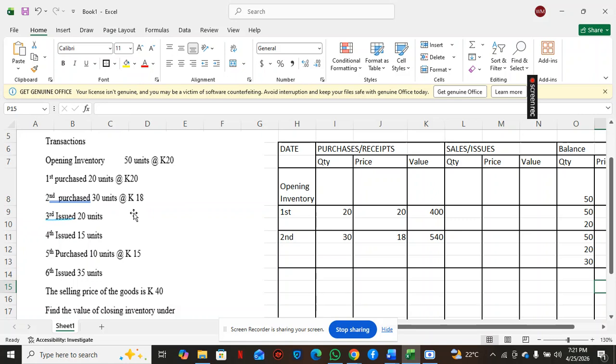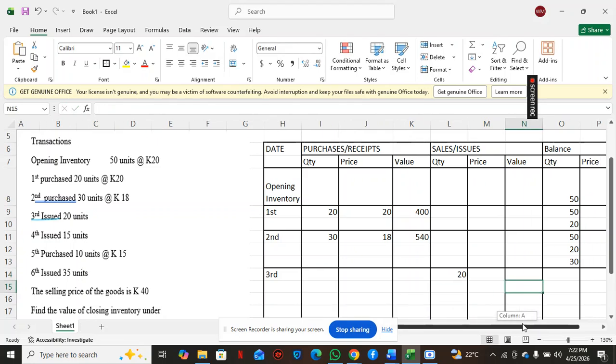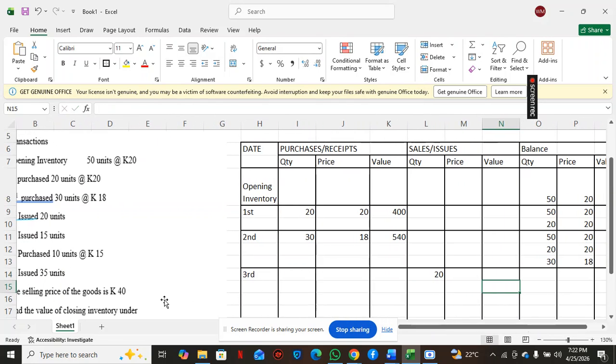So on the third, under sales or issues, we issued 20 spare parts. The question says the selling price is 40 kwacha, but in the store's ledger we don't value it at the selling price. We value it at cost.